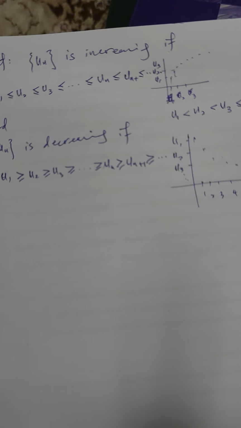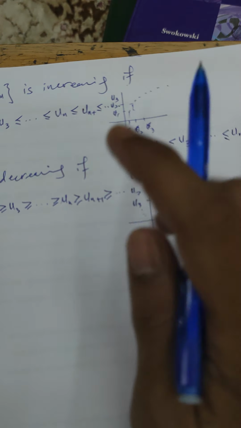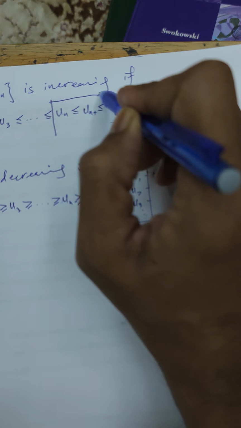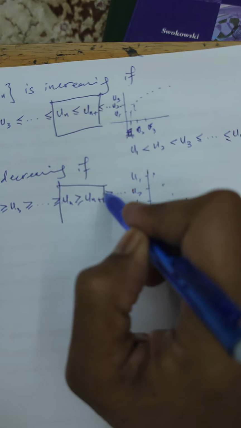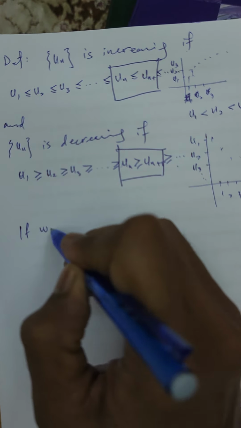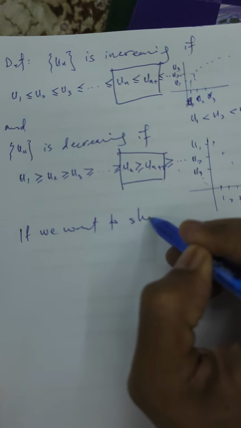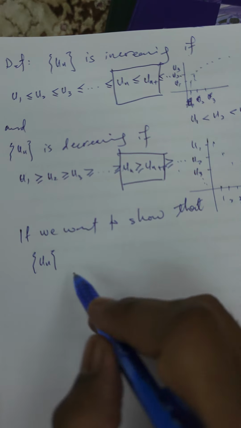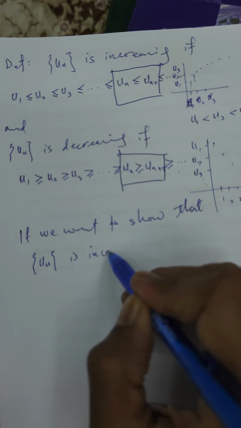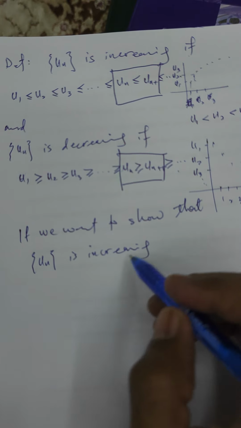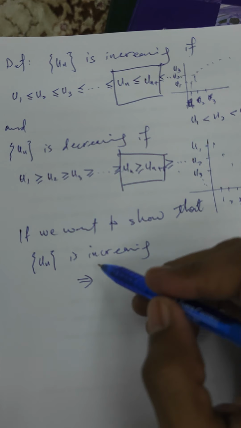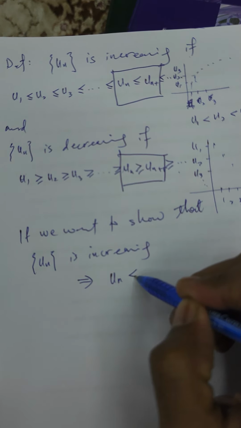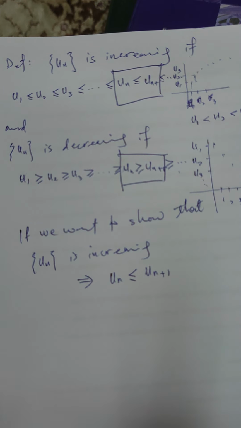So the most important part here from these two relations, the increasing and decreasing, is this relation here and this relation here. Which means if you want to show that the sequence Un is increasing, what we need to show is that Un is always less than Un plus 1.